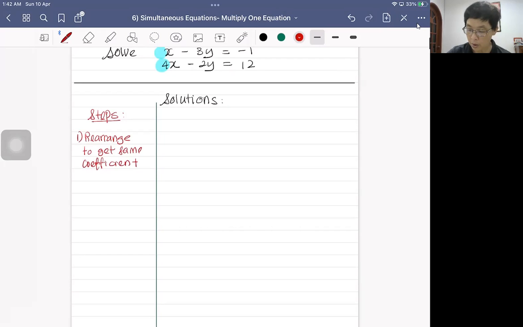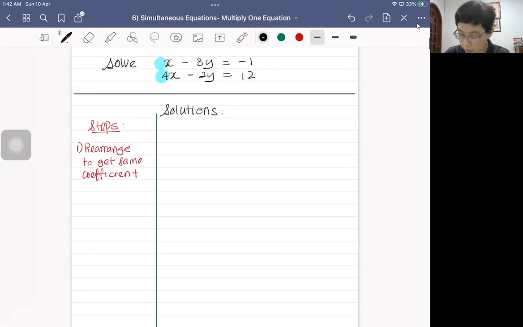Now on this side, what you will write to your teacher is, of course, you want to copy the question before you start. Equation 1, 4x minus 2y equals 12. And you would want to name the equation. What is that for?